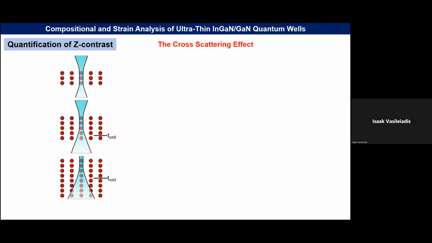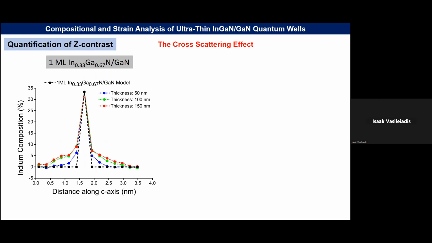Actually, we don't have only the peak, but a region with many pixels and with area. These areas are affected by the neighbor atomic columns, and so we have a complicated behavior. It is important to perform this analysis to find what is the artificial composition of atomic columns close to the ones with composition.